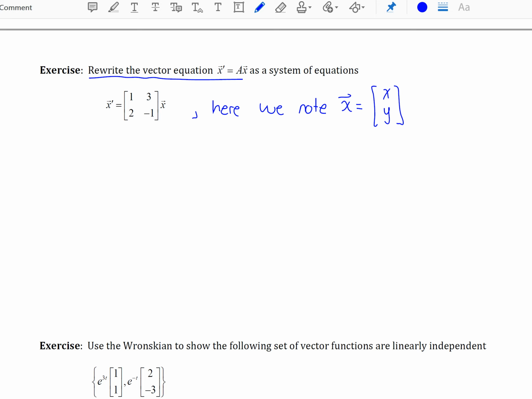In which case, this system of equations can be written as x y prime equals 1, 3, 2, negative 1 times our vector x.